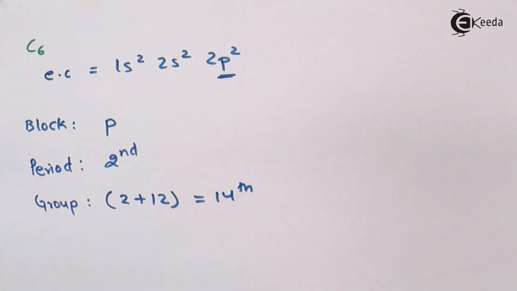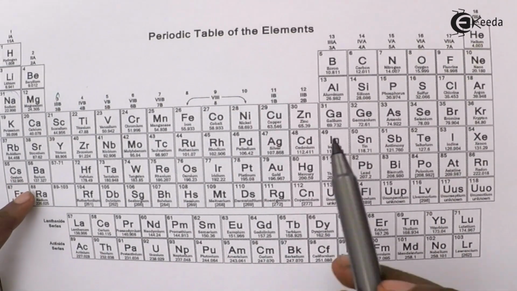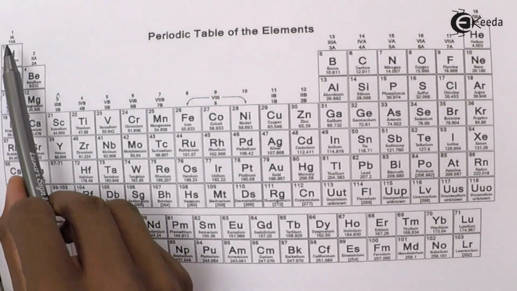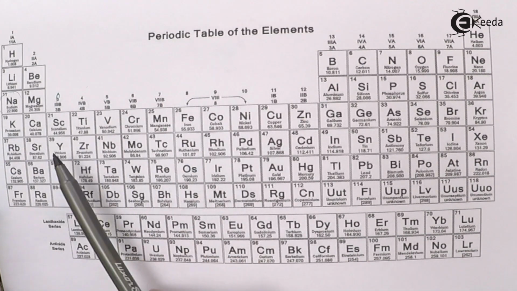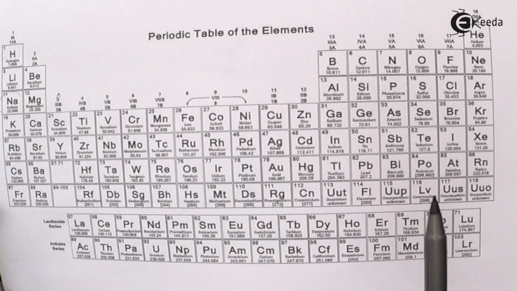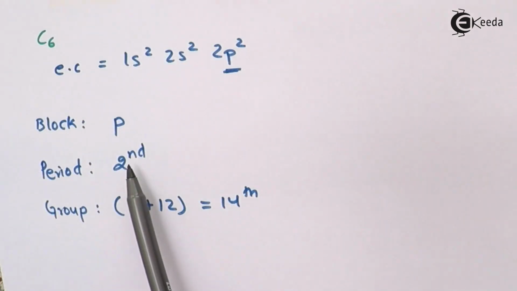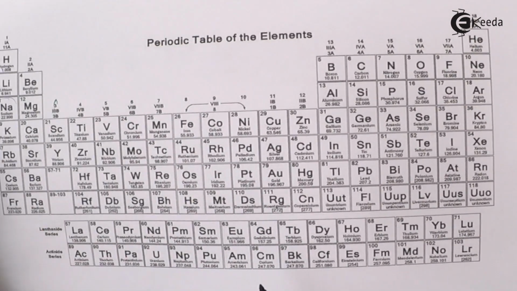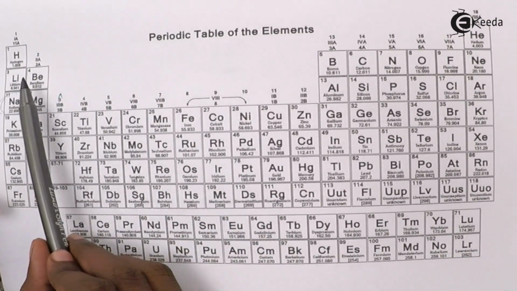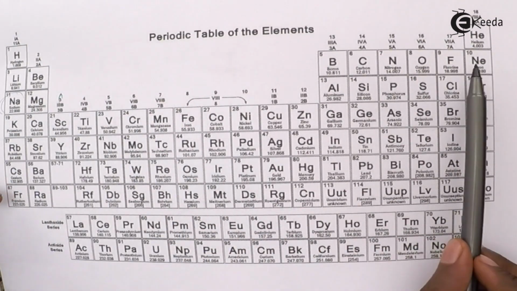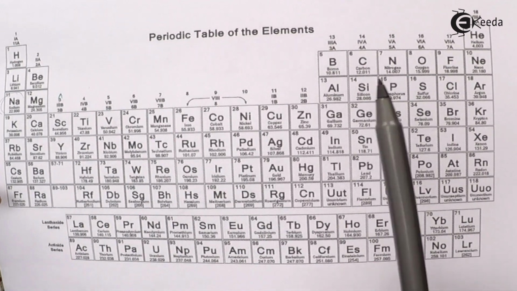So let us check whether we are right or not by referring to the periodic table. Since we are locating carbon, carbon is the one which will be in the p block. In this case, this is the s block, this is the d block, while this is the p block. In this section only we'll get carbon. And moreover, it belongs to the second period. So we'll get carbon here itself, and that too in the p block only.